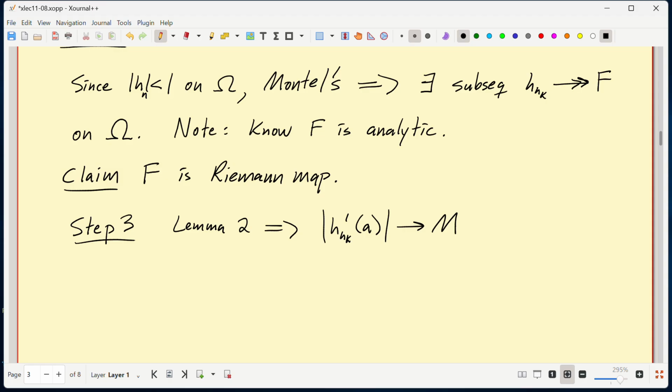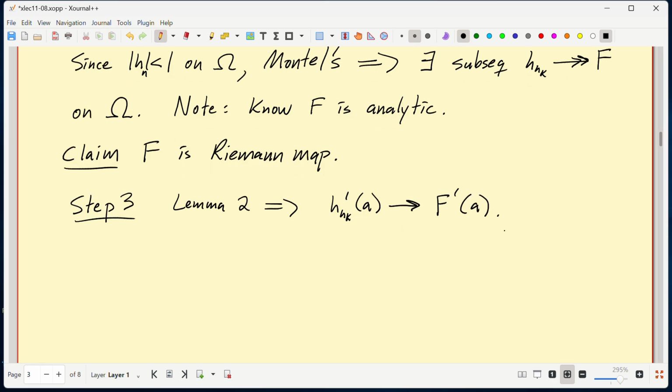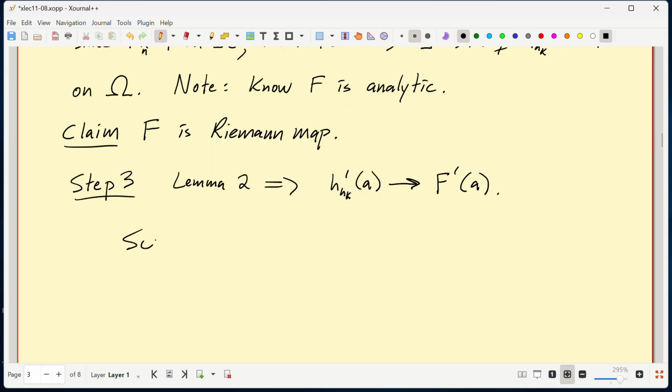Well, let's see. What does it imply? Lemma 2 implies that this is going to tend to F prime of A. And so F prime of A is the max. This is why we expected to get the Riemann map by maximizing that derivative among one-to-one functions. So that sup is, well, let's see, I've got to show you that sup is actually a max.